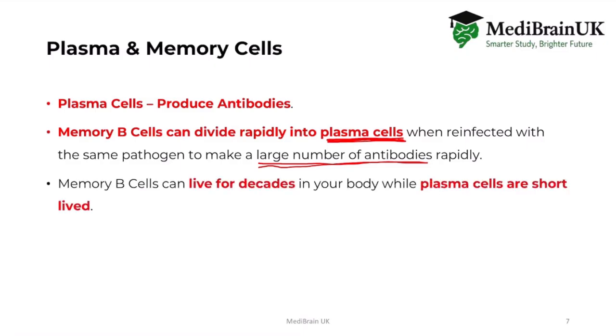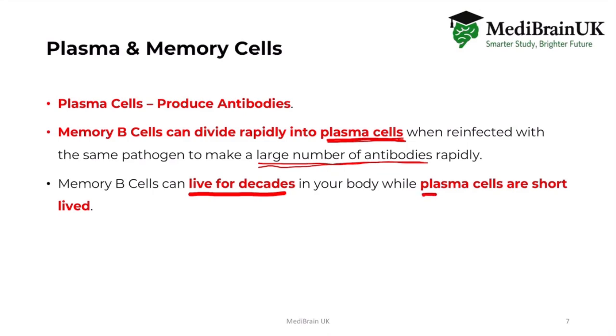Okay. Now, the reason why we have two forms, plasma cells and memory B cells, is because memory B cells are stored in your long-term memory and they will live in your body for decades. For a really long time, they will be stored in your body. Plasma cells are just there for that initial moment in time to produce antibodies.